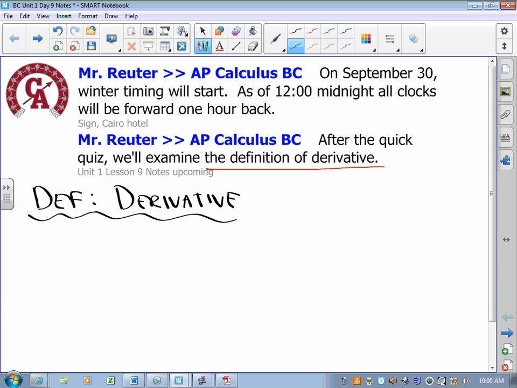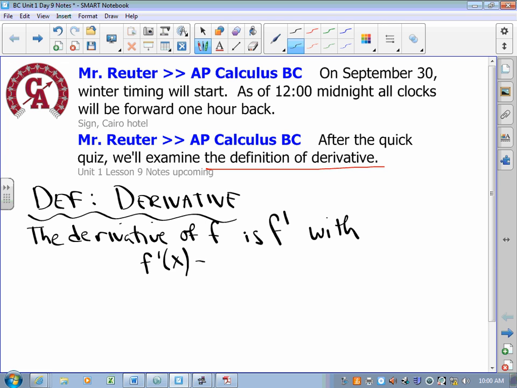One definition says the derivative of f is f prime, where f prime of x is the limit as h approaches 0 of f of x plus h minus f of x all over h.